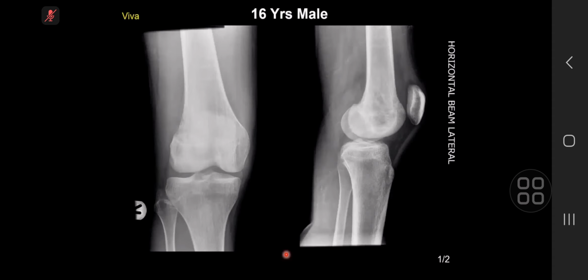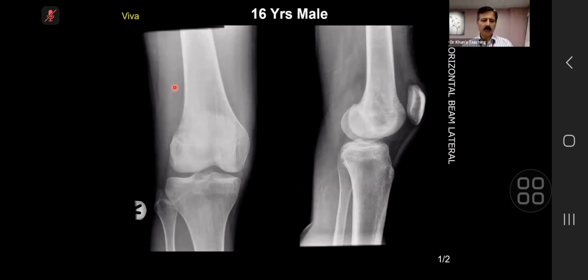In addition to which, there is some calcification in the posterior compartment of the thigh, which extends away from the posterior cortex, suggesting a possible soft tissue component, but it's not very clearly seen.